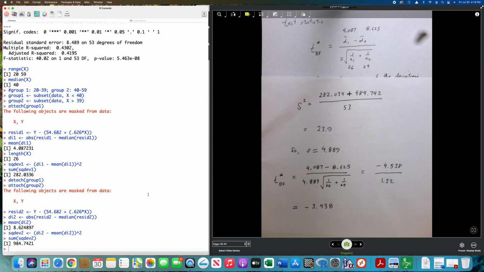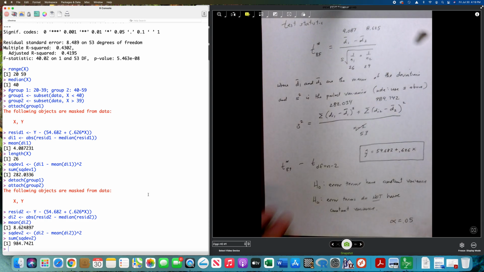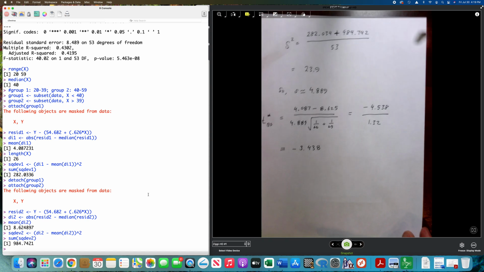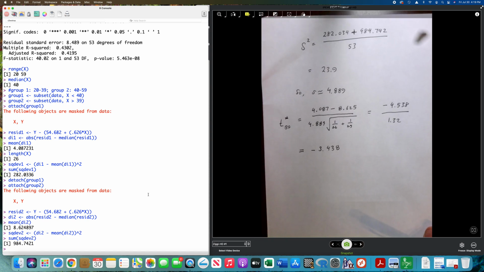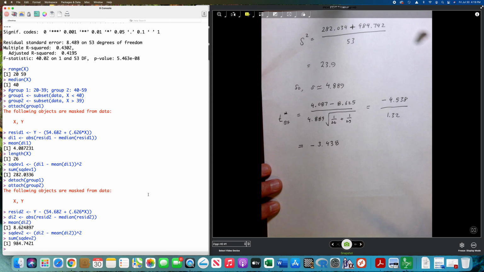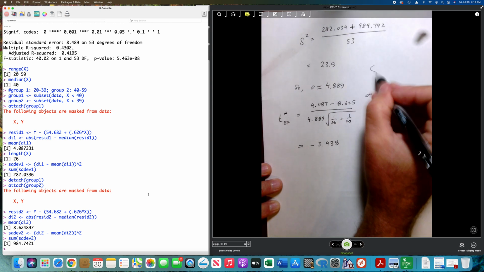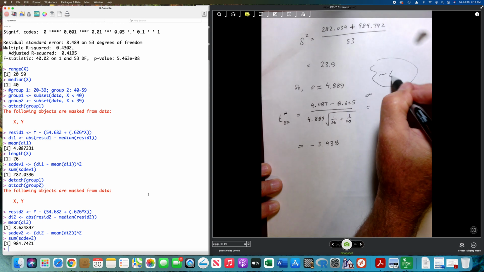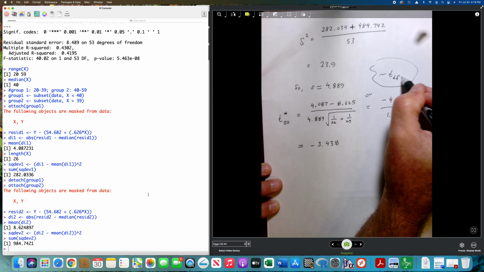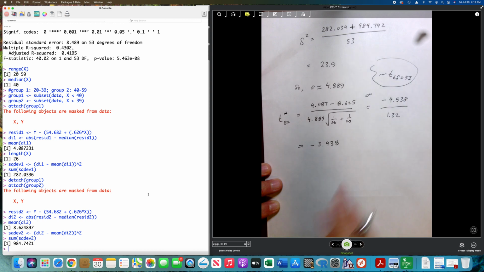Now, what does this tell us in terms of calculating the p-value? We have approximately a t-distribution, degrees of freedom n minus 2. So we're working with the t-distribution, degrees of freedom 53.